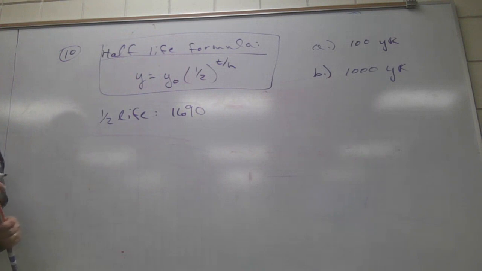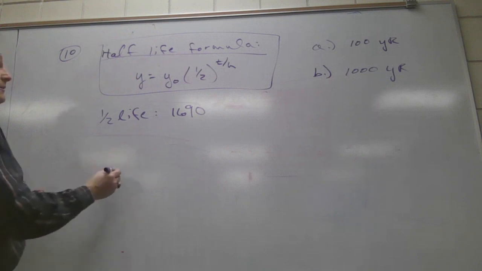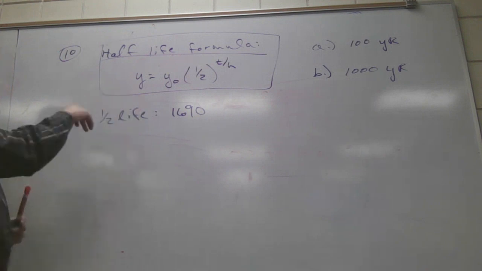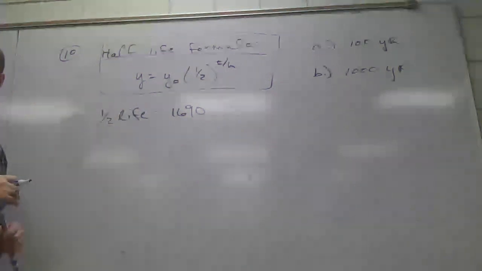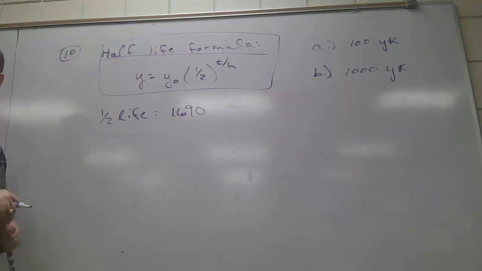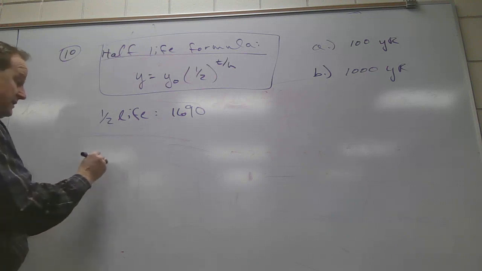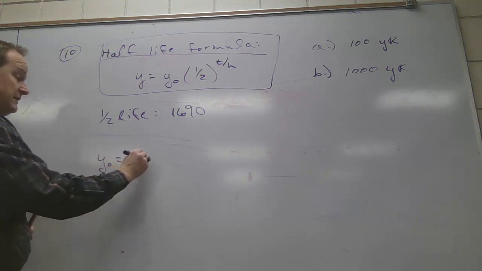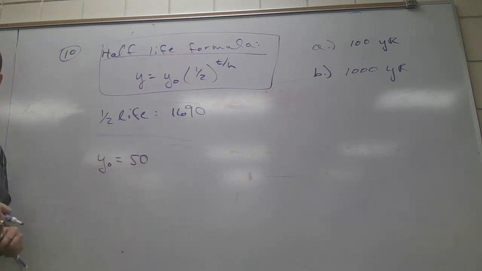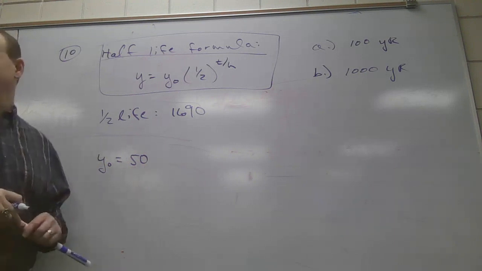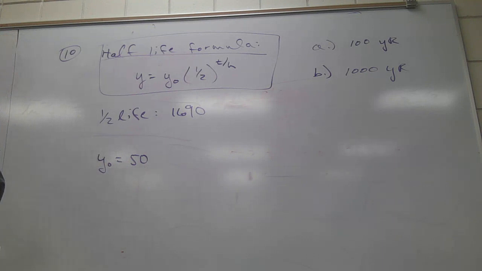We put 50 as the Y0. Okay, Y0. Did you use that previous formula, or you just said Y0 is 50, like 50 or 50%? So you just made up an amount, like 100 grams was the original? We did half.